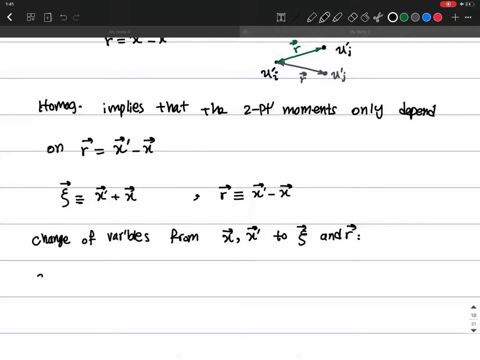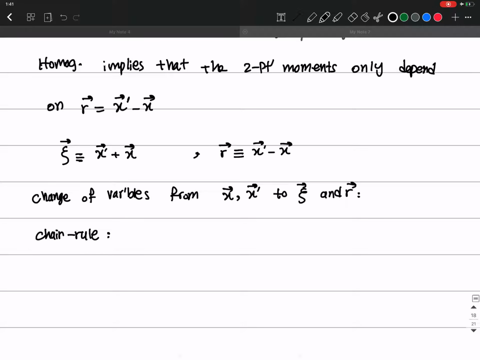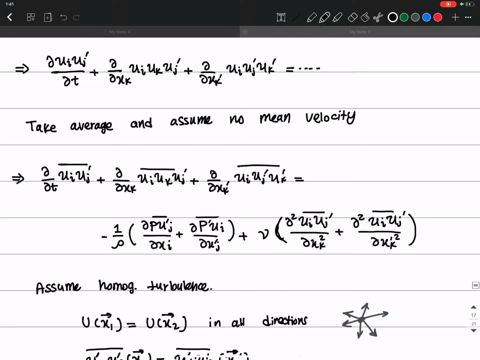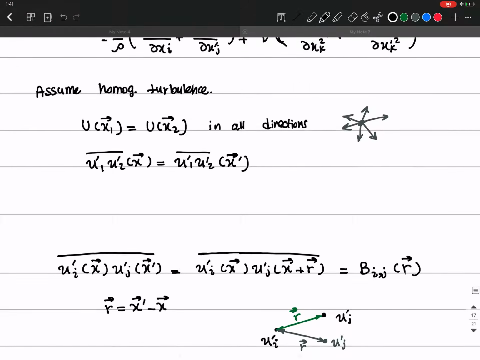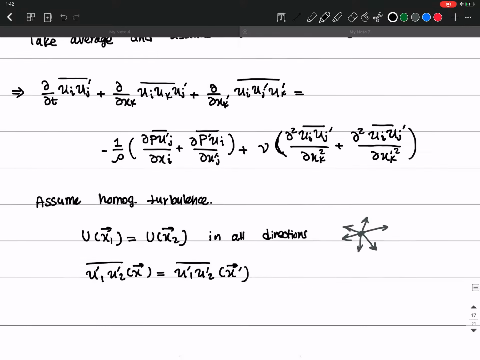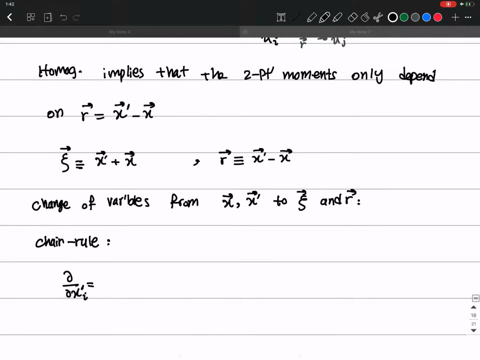Based on the chain rule of differentiation, we can first calculate the differentiation, because we have differentiations with respect to x and x prime here. So let's say for partial over partial x prime i, we know that x prime depends both on r and ksi, right?